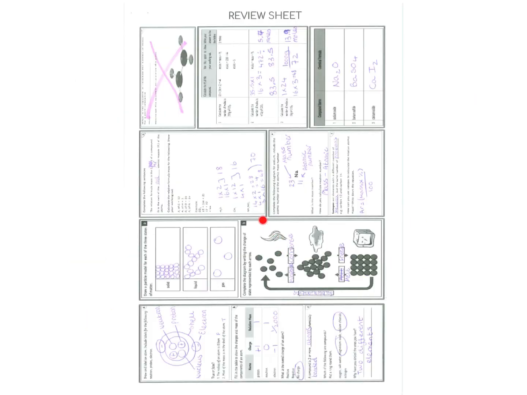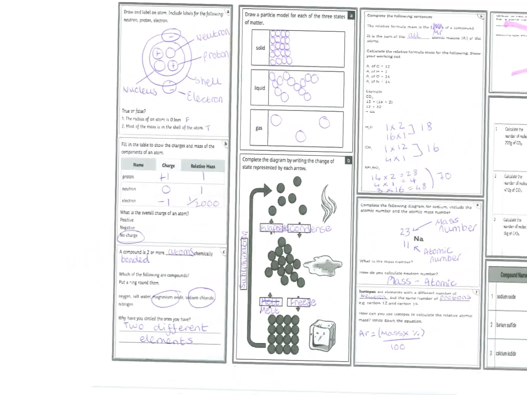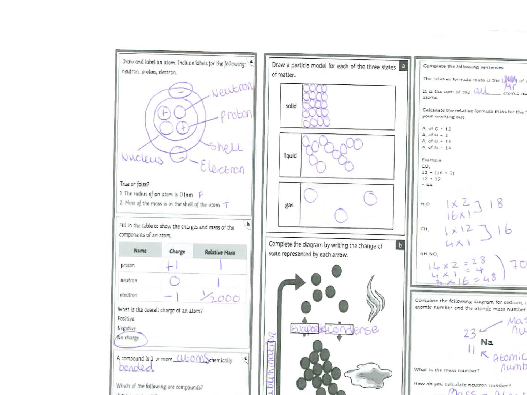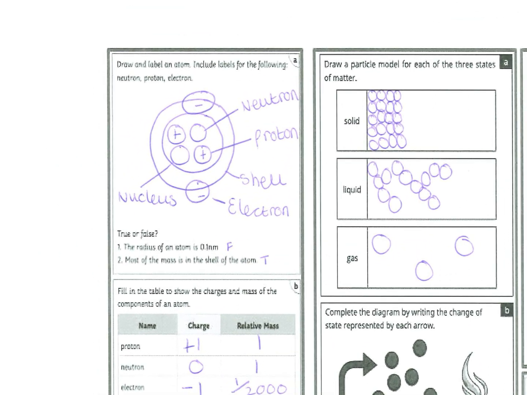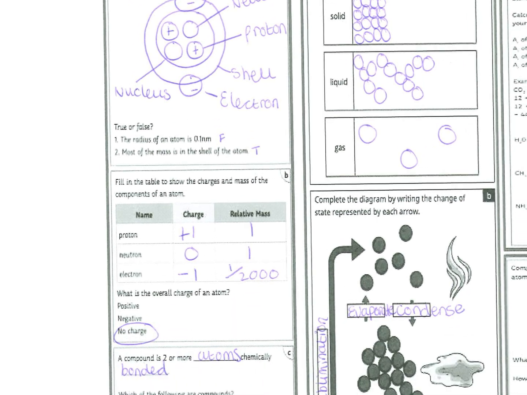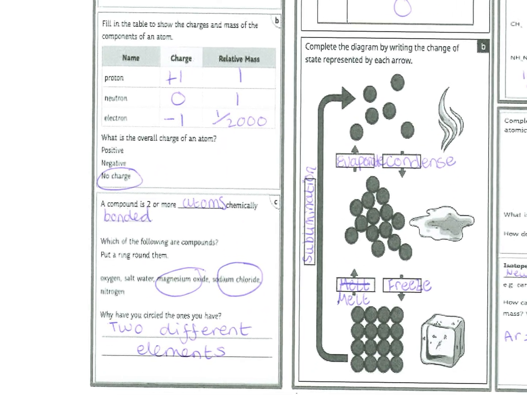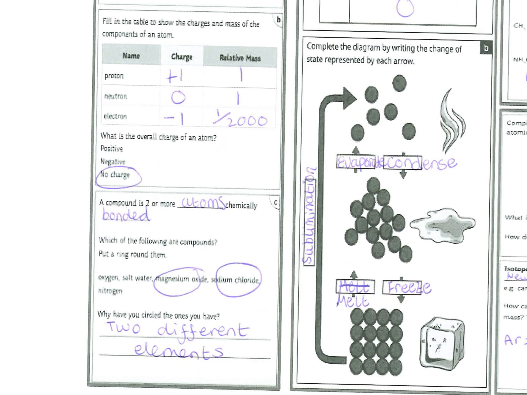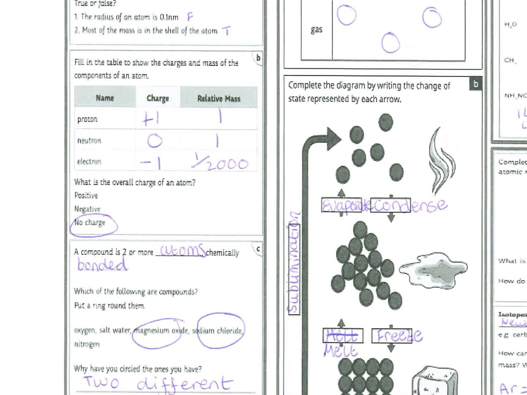So again, with the review sheet, I'll just zoom in. I'm not going to talk through each bit individually, just because these are things that are what we call core knowledge, and you should be able to understand, and that means that you can just pause as and when you need it.